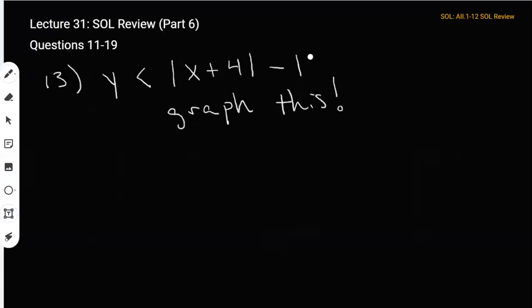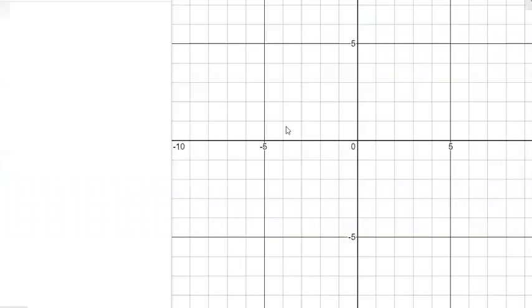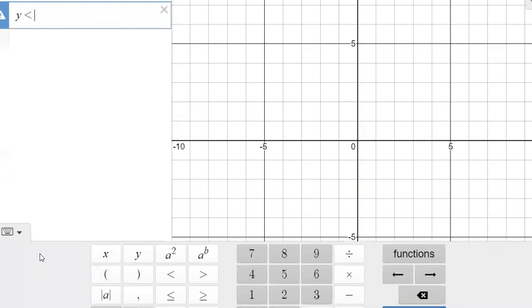So what I'm going to do is I'm going to go to Desmos and I'm going to graph it. So over here on the left side, I'm going to have y is less than the absolute value. You can type in ABS if you want. But what I'm going to do is I'm going to open up the keypad and find the absolute value symbols. That's probably clicking ABC at the bottom.